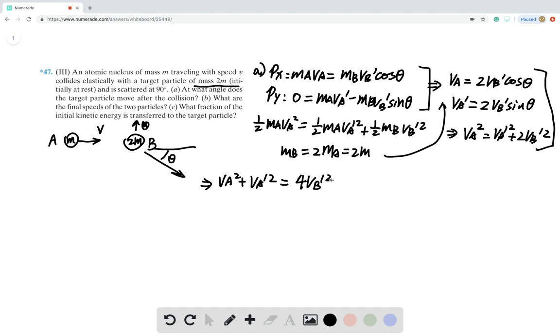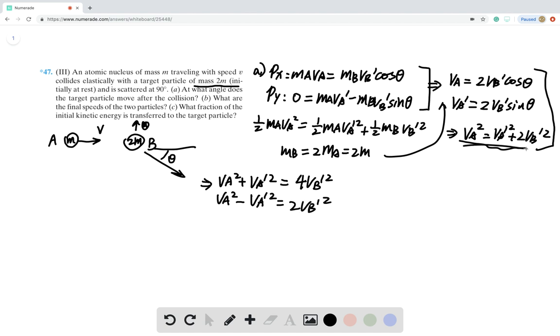So we have this, and then we can rearrange the kinetic energy equation into VA squared minus VA prime squared equals 2 VB prime squared. Sorry, this is 2 VB prime squared.